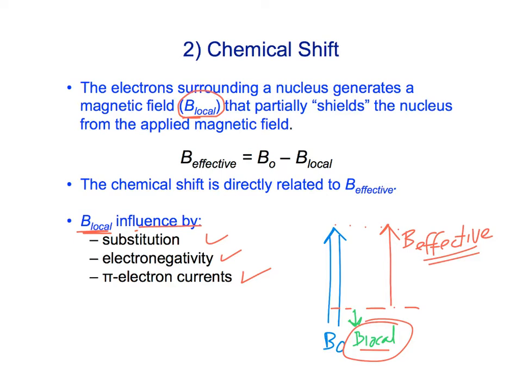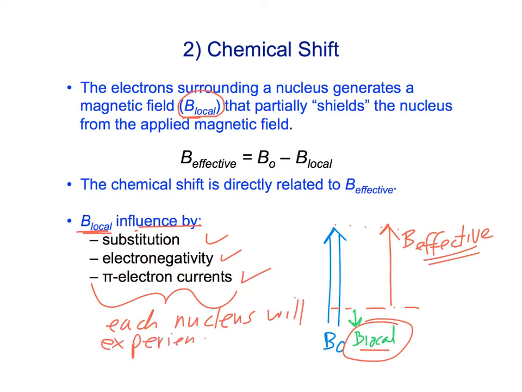So because of all of these, essentially each nucleus will experience a different B effective, and therefore they will absorb a different frequency of light. Okay? So this is the general idea. Yeah? Questions?